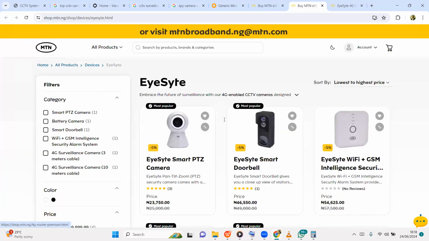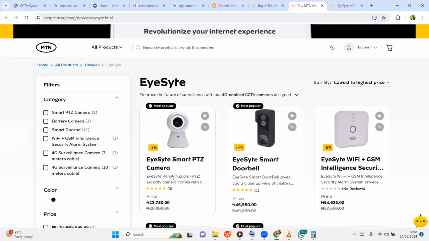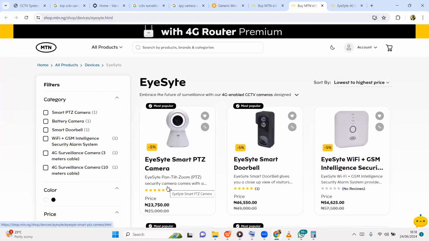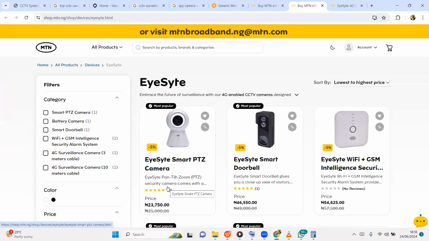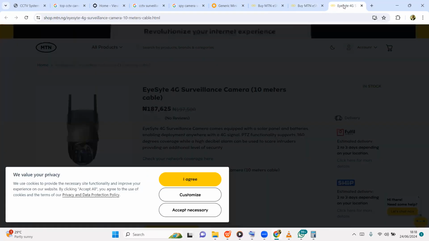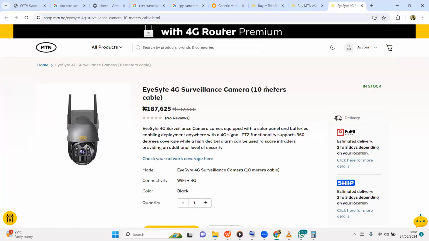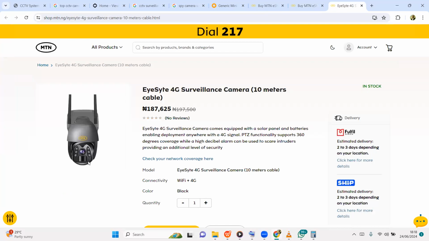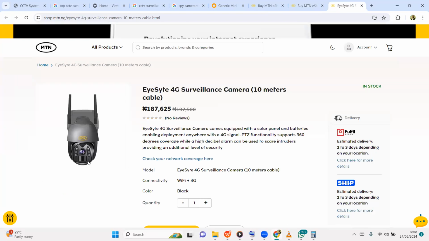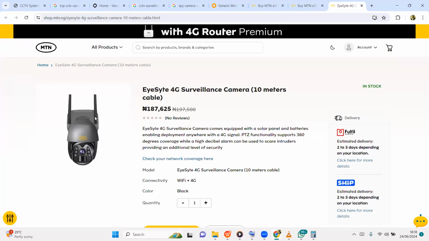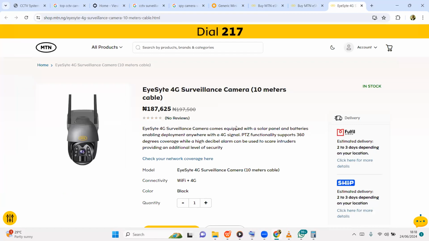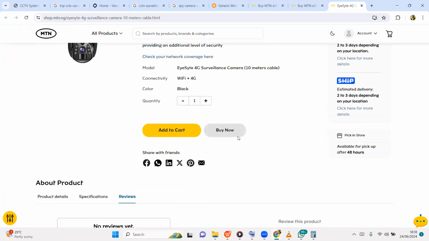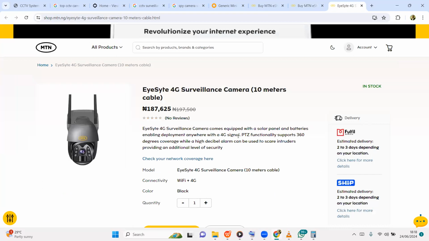So you can just Google MTN iSight, very affordable systems. You can configure them. Some of them even have their manuals and you can set them up, right? Whereas this one has a 10-meter cable, so you can install it, especially when you want to survey outside a facility. There's a SIM, you can slot in a SIM and you're good to go.